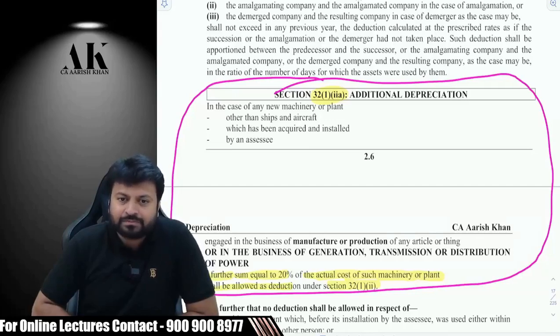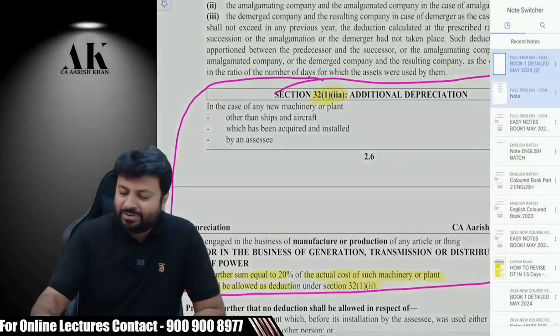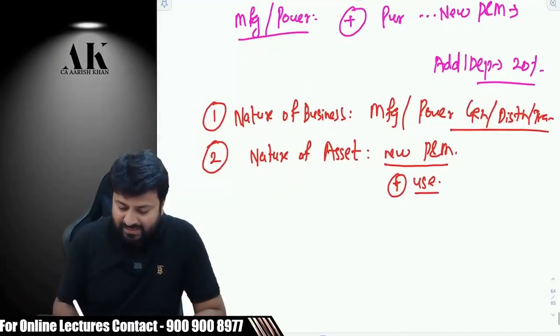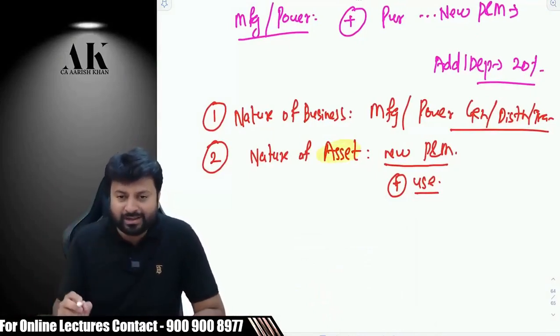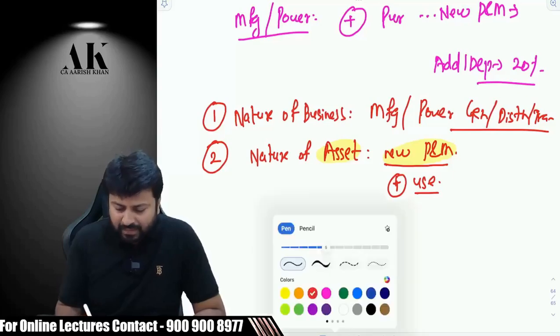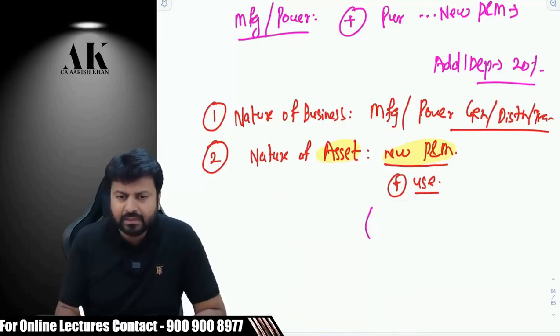Now comes the most important question for us. Again, I am asking the next question which I have just asked. What is the nature of asset? Now you can tell with your open heart. New plant and machinery, right? Is there any exception given by the law?